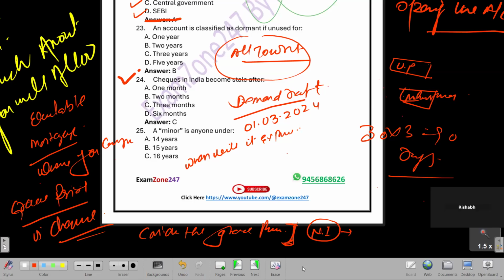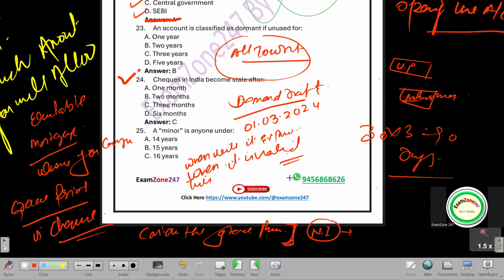Or tell me, till when it is valid. If somewhere it is written as for 3 months or up to 3 months, it means the dates are included. If it is written less than 3 months, then the dates are excluded.